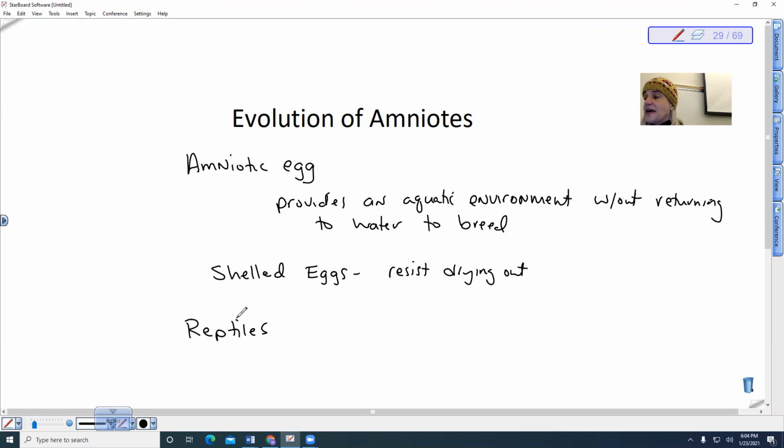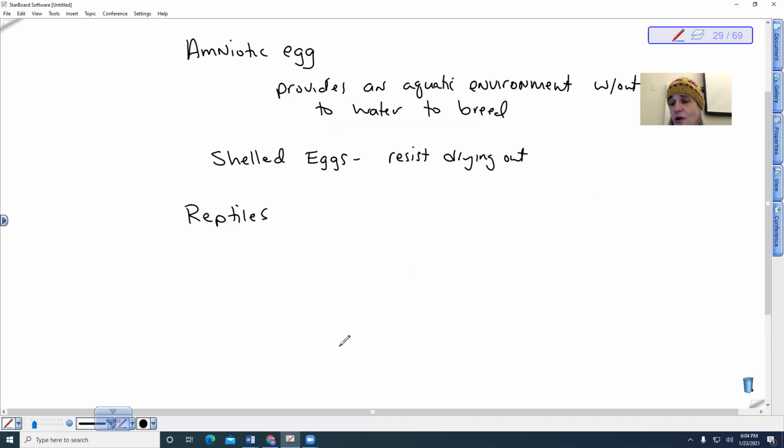So unlike the amphibians, which in most cases have external fertilization, they put their egg and the sperm in the water, and then the eggs are just in the water, and then larval development takes place out there. The reptiles have internal fertilization.